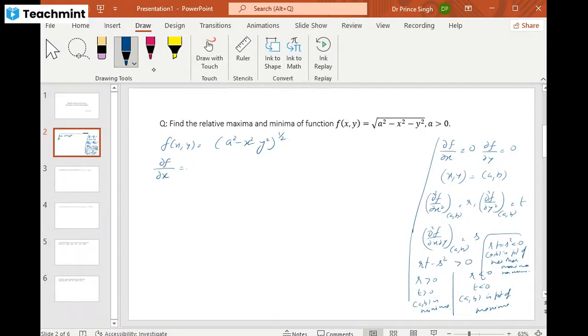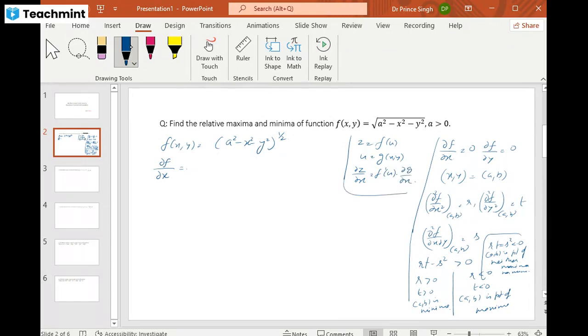We have already discussed that if z is a function of a single variable, say u, this is case number 1, and u is a function of x and y, then the derivative of z with respect to x is f dash u into the derivative of u with respect to x.